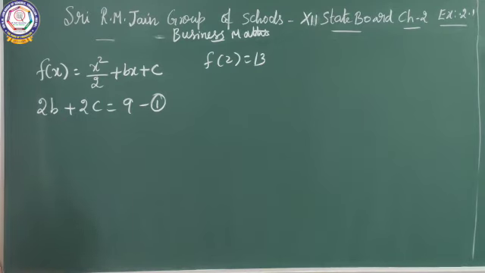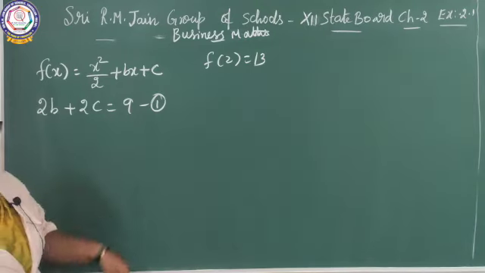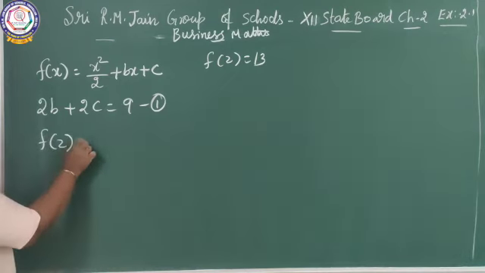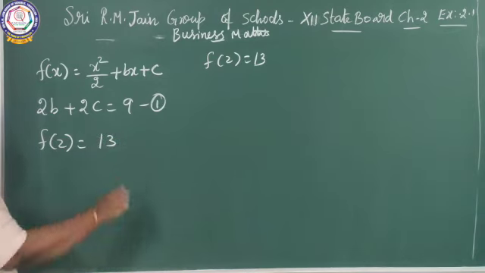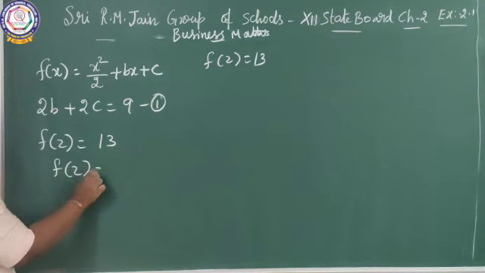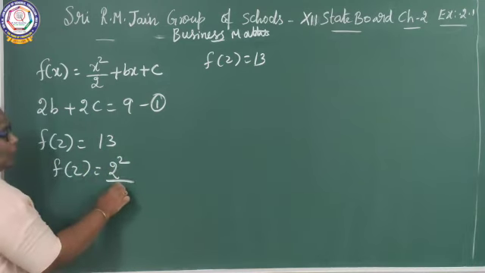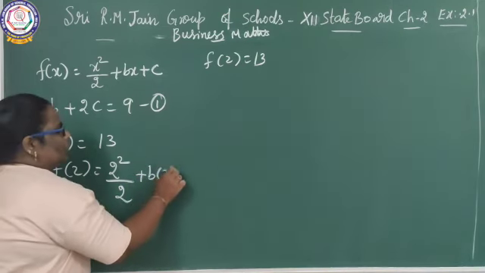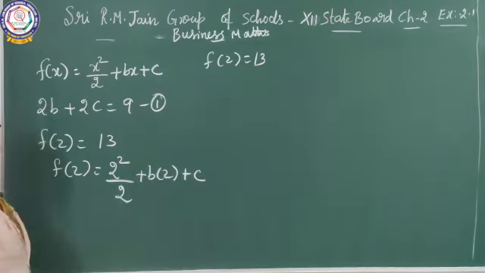What is the next term? The first term they have given as f of 1 equal to 5. This term, f of 2 equal to 13. You substitute in f of x: 2 squared by 2 plus b into 2 plus c.